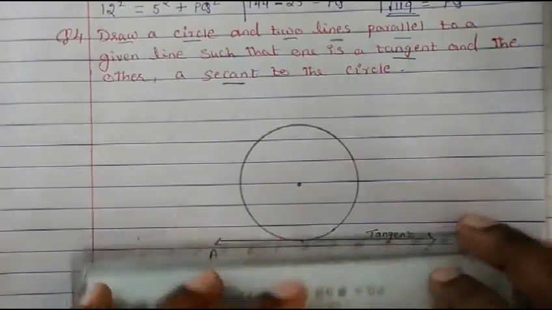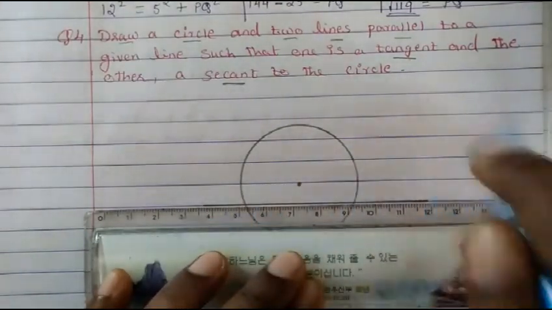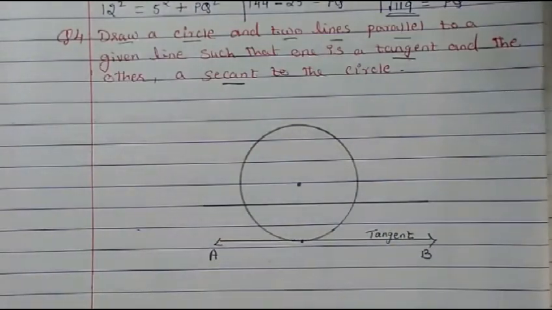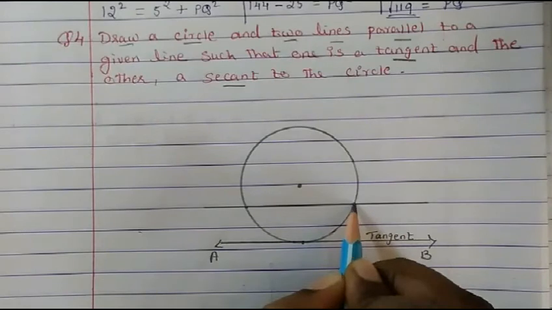So let's draw another line cutting through the circle at two points.